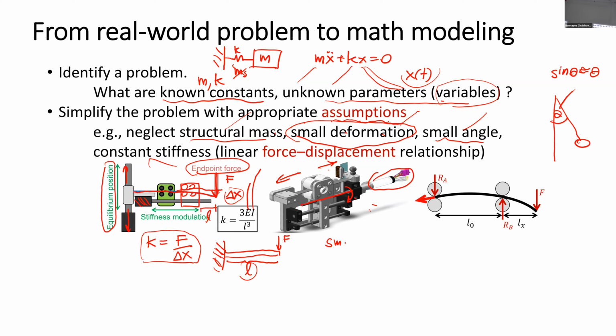Smaller L, big or small stiffness? Big. Yes, thank you. So if you see here, if L is more, L to the power 3, we're going to have big stiffness. Does that make sense?